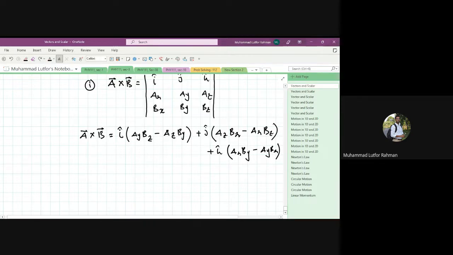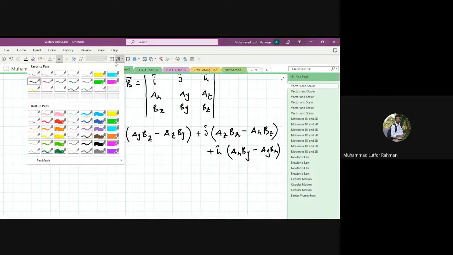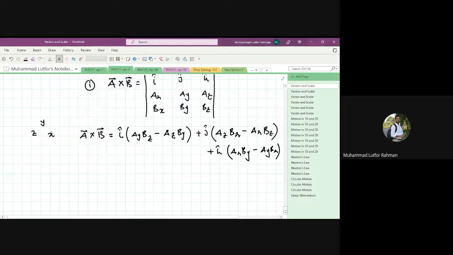I didn't memorize this formula, and I'm not going to recommend you memorize this thing. If you do that, then definitely you are going to make a mistake. What I did, I use a technique to carry this information in my head. I write the x, y, and z components in that way. Suppose I want to find the x component, which is basically the i component.